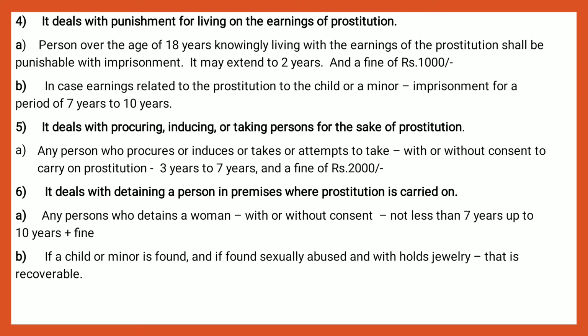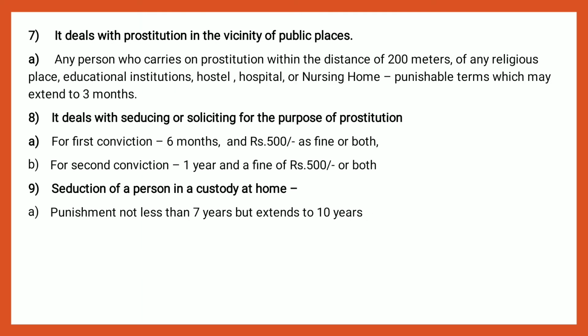Next, any person who detains a woman, with or without her consent, faces imprisonment of 7 years or fine. Now, a person who deals with prostitution within the vicinity of public places, within 20 meters of any religious place, educational institution, hostel, hospital, or nursing home, is punishable with imprisonment which may extend to 3 months.